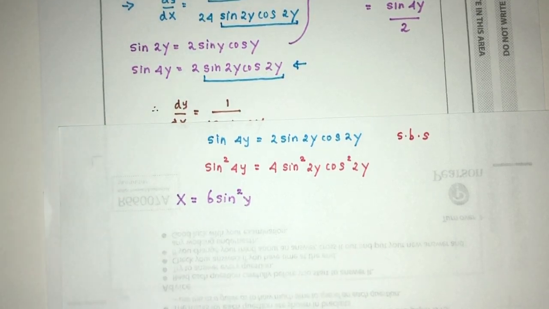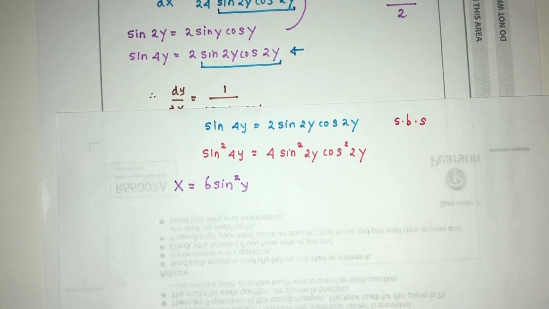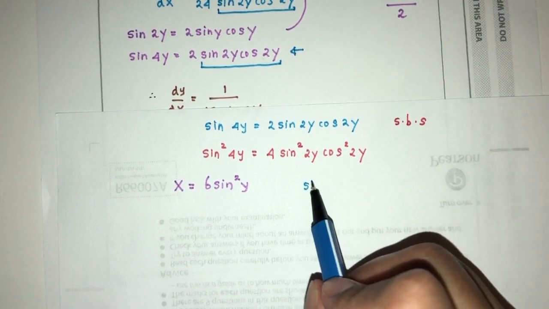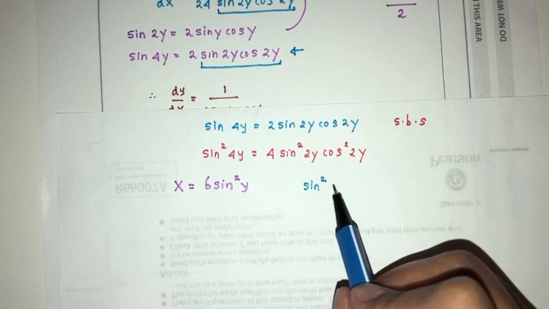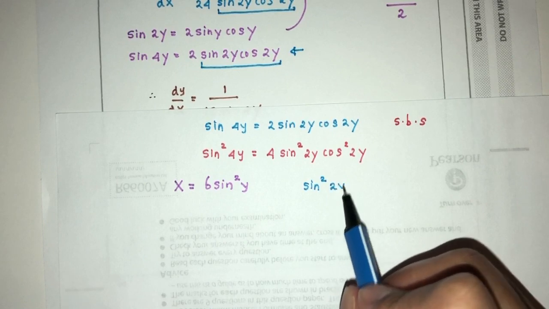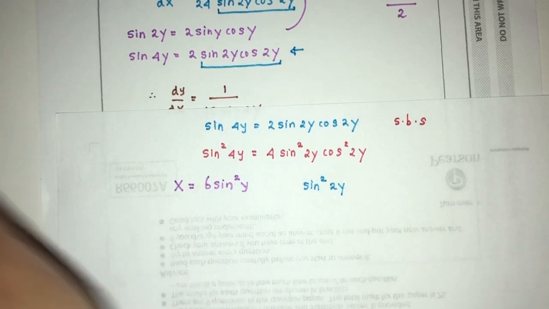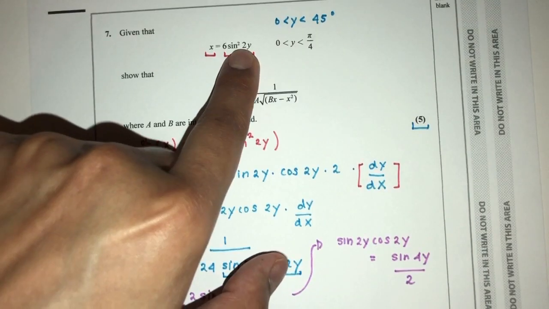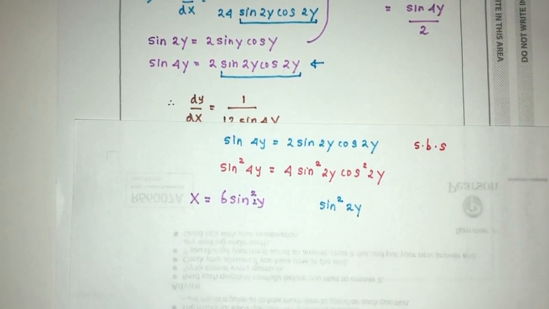But now something we know from the list of formula is that sine square 2y. Sorry, here it is 2y, not y. I apologize.